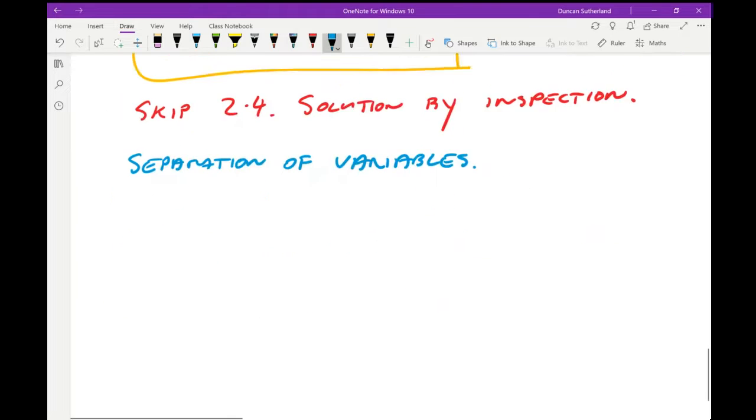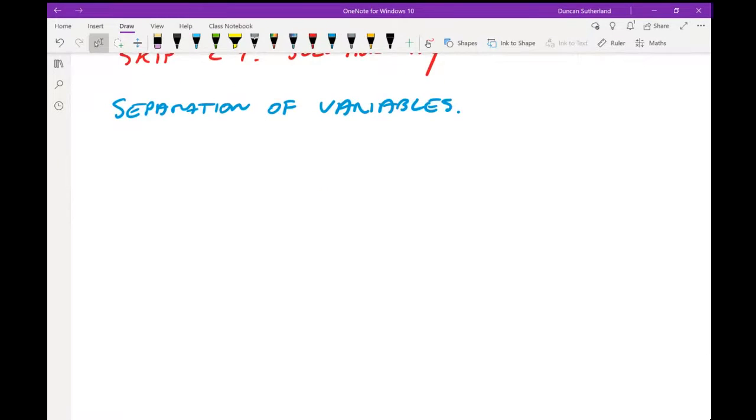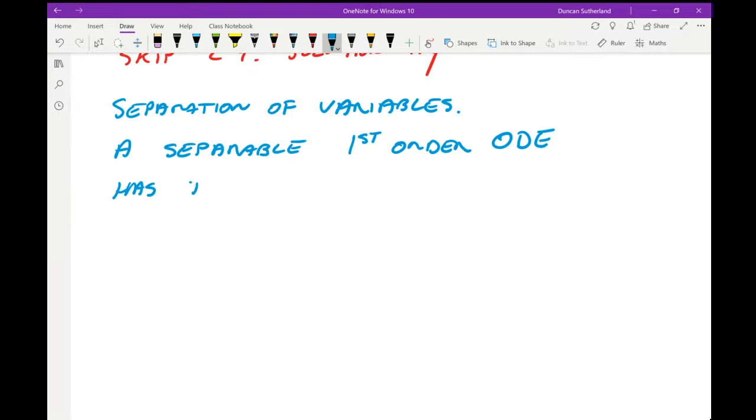Separable equations have a very strict form. A separable first order ODE has the form... So when I say has the form, I mean can be written as.